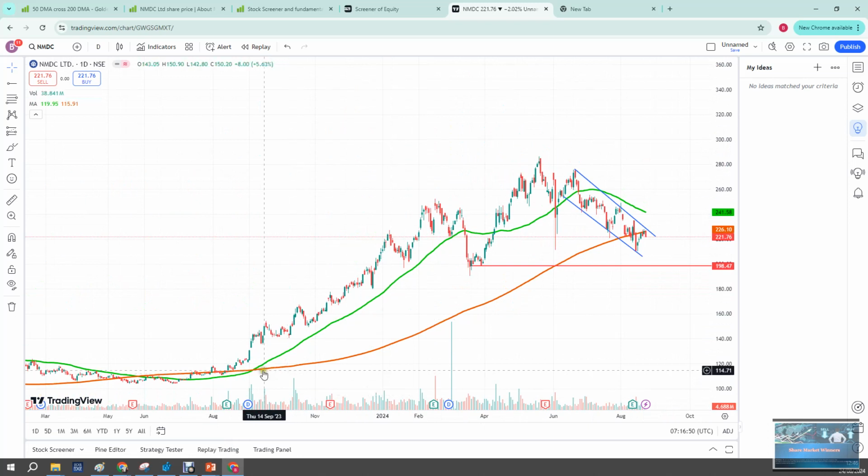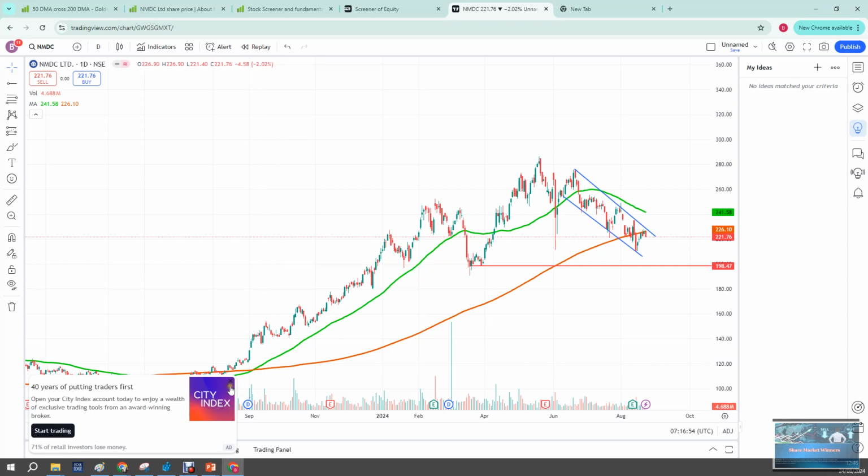You could see when the 200 line has been crossed by the 50 moving average, and the candlesticks are forming above the 50 moving average. If you identify this position and start investing at this point, you could see it started from 122 rupees and has gone to almost 227 rupees, and still it has not crossed the 200 moving average.